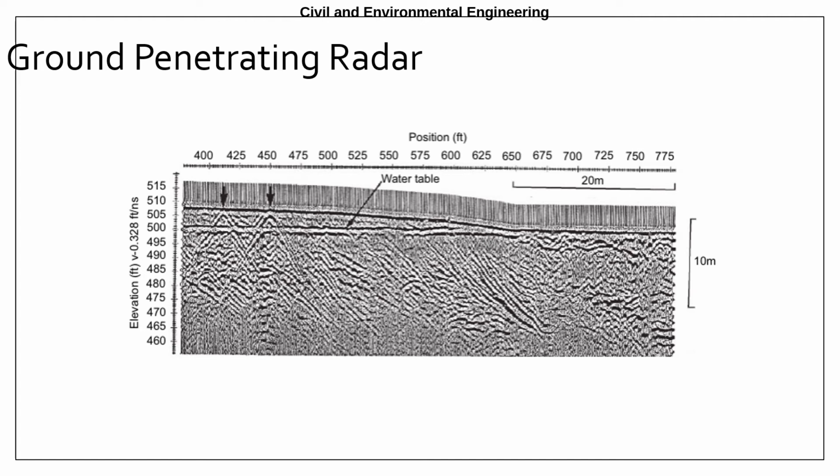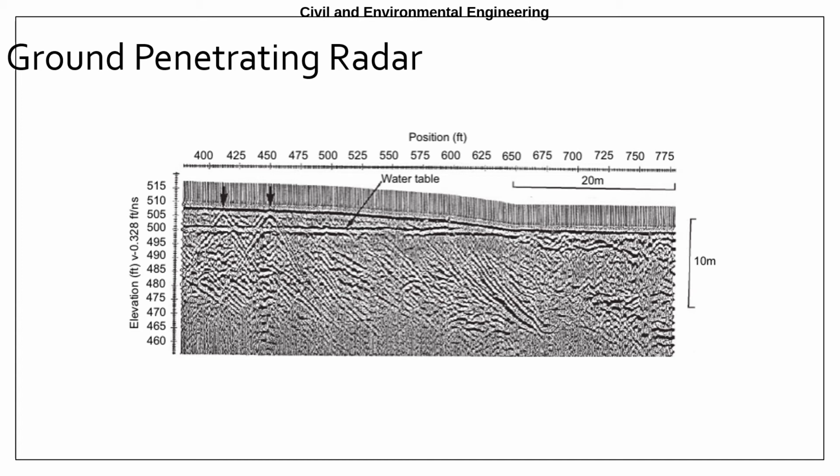The main difference between GPR, or ground penetrating radar, and seismic reflection is that they rely on different material properties. In ground penetrating radar, you are relying on the electrical properties of the subsurface, while in seismic reflection, you are relying on the stiffness of your materials.